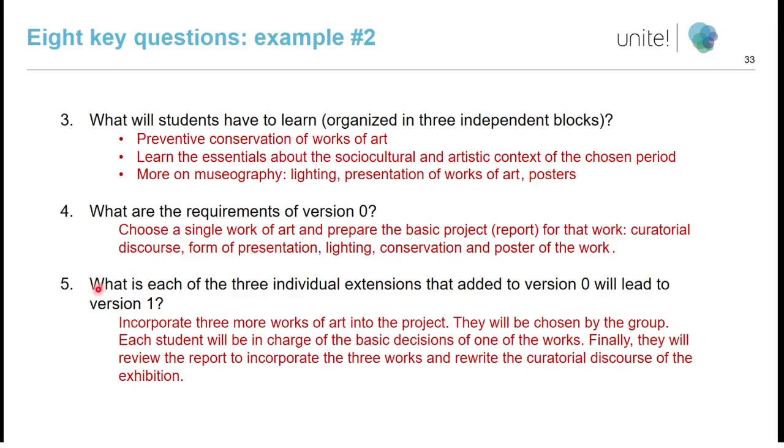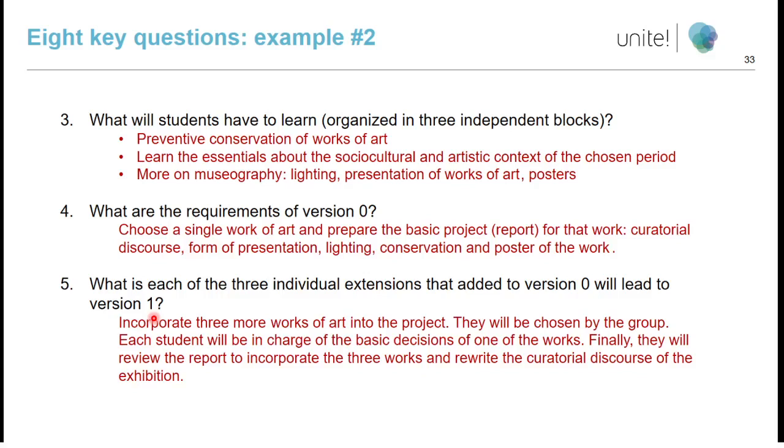What does each of the 3 individual extensions consist of? In this case, students must include 3 more works of art in the report. The group will have to choose 3 more works of art so that each student will be in charge of the basic decisions corresponding to one of these works of art.